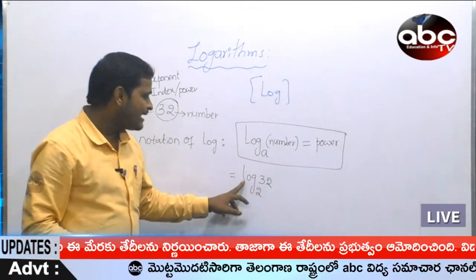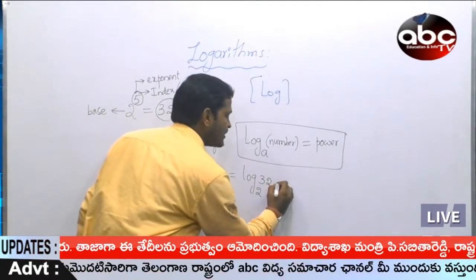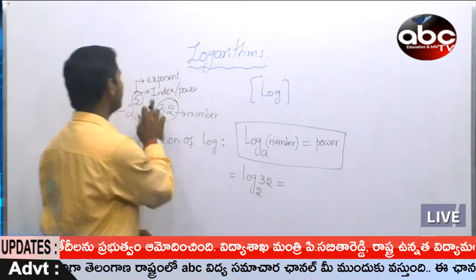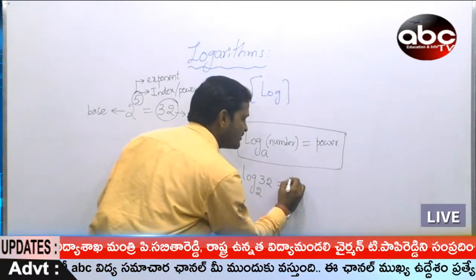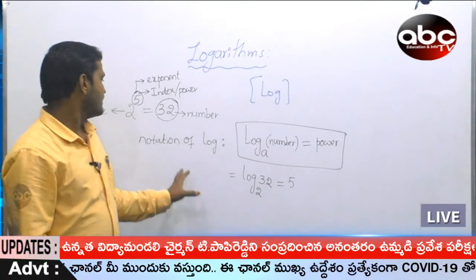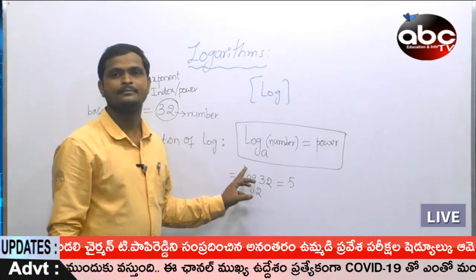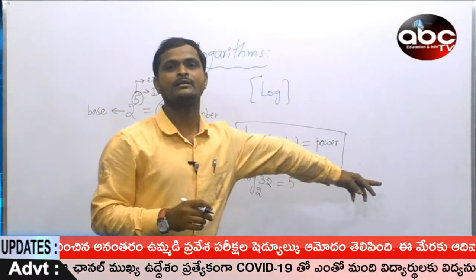Right? Log 32 base 2 is equal to, what is the answer? What is the power here? Exponent, index, power 5. So it is equal to 5. Is it clear students? Very simple. Okay. The notation of logarithm: log to the base any number is equal to the power.